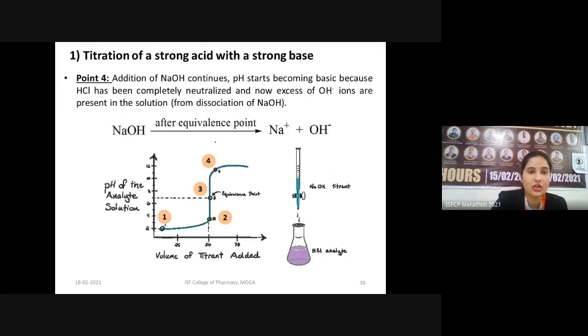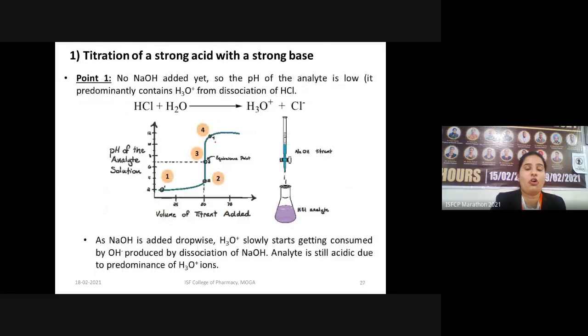What are the 4 points which are observed during titration of a strong acid and a strong base? The first point was the point where we have not added any sodium hydroxide. At this point, only hydronium ion was present and the pH of the medium was low; the solution was acidic.